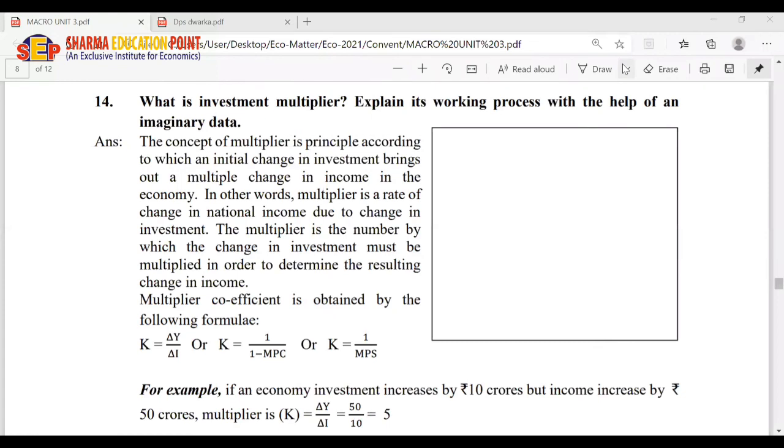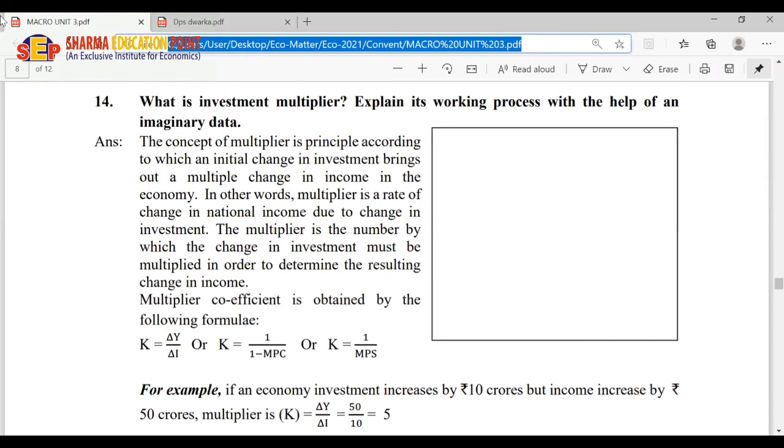So look students, this is question number 14 that I explained to you today. You can take out your notes later on and read this from your notes. I have explained thoroughly. Now what I have written here, I am also explaining to you.